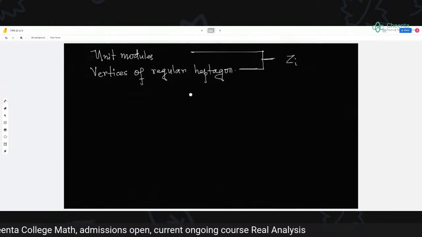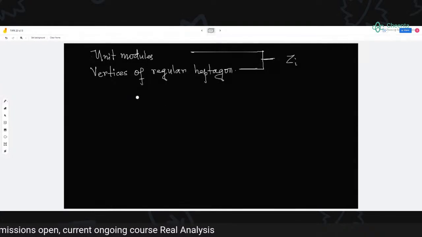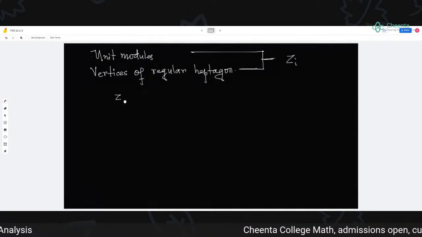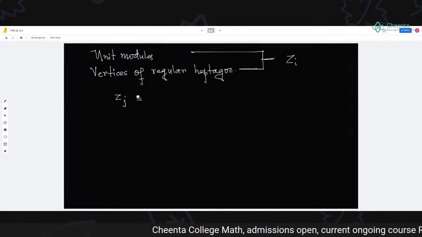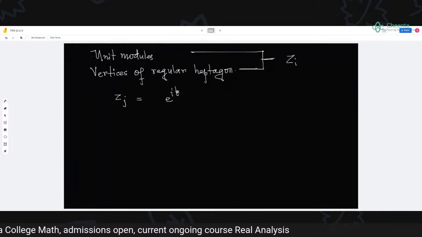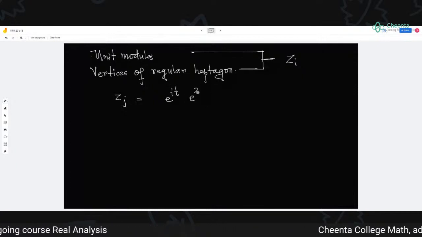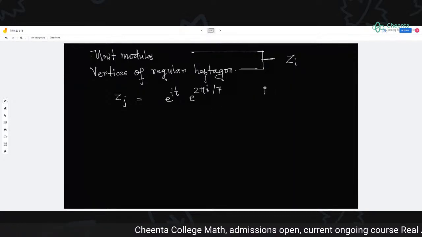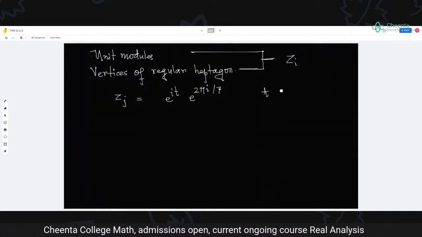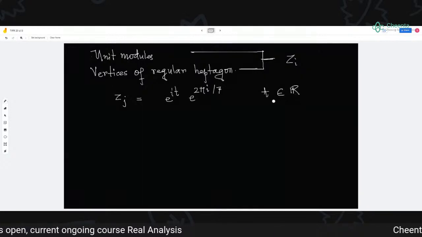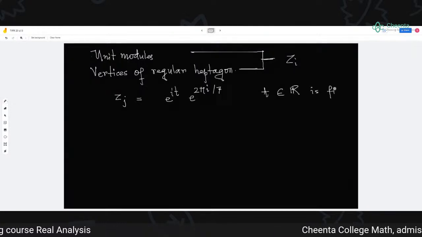Thus, what happens is that each of these zj practically looks like this, with a little bit of rotation, e to the power 2 pi i by 7, where this t is something that we have fixed from R. Okay, so t belongs to R and is fixed.